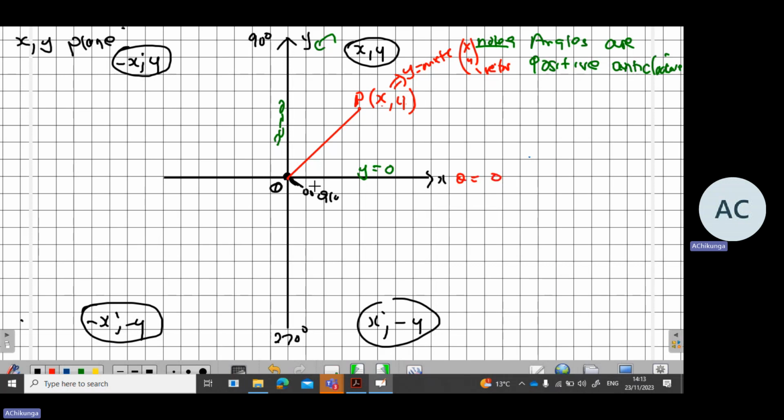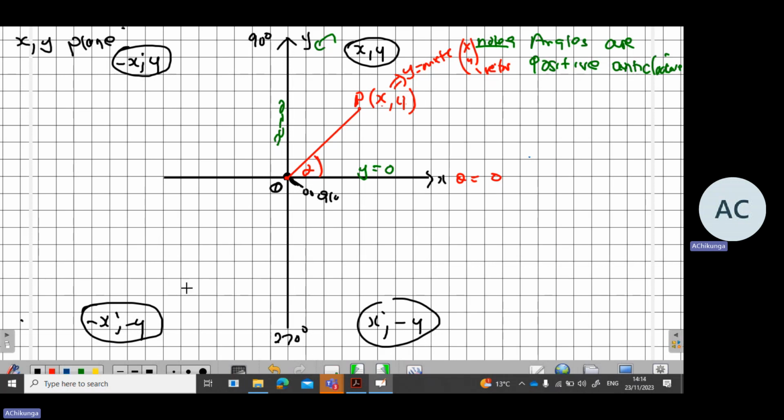It creates an angle, which I can call alpha, and this alpha is called the angle of inclination. In other words, this alpha is related to the gradient of the line OP. We'll come to that point, but not now. This angle measures how inclined the line OP is with respect to the positive axis. Are we together?